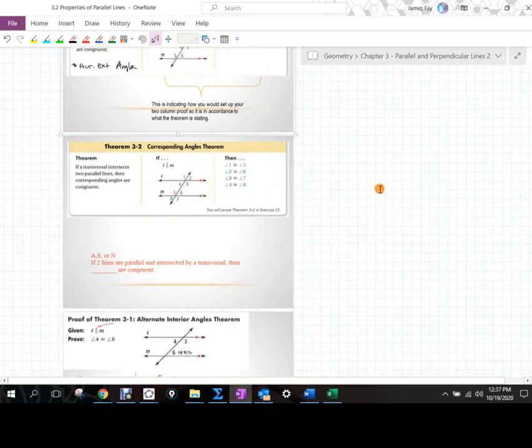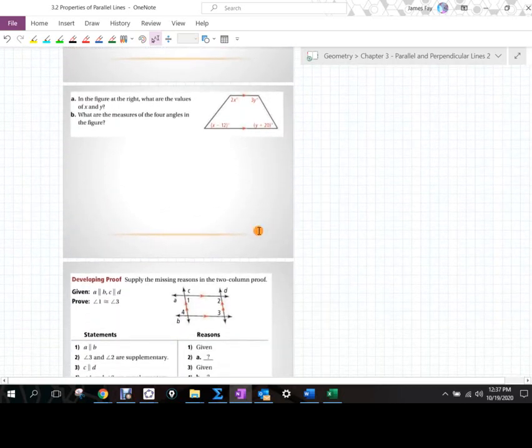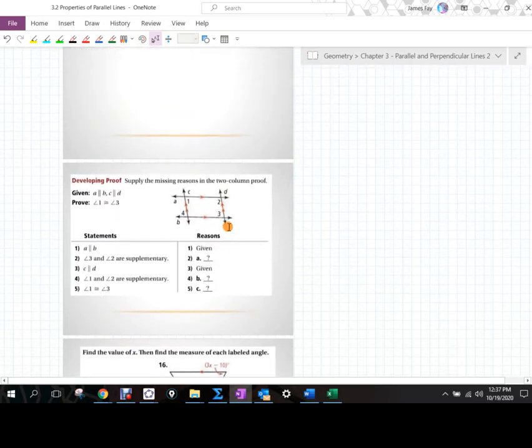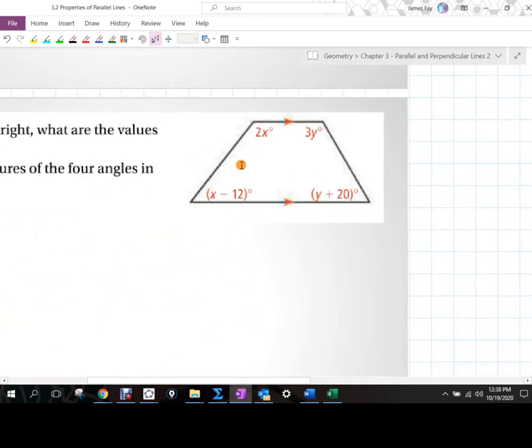Just real quick, you're going to see a question maybe in your homework that looks something like this. Okay. What am I telling you about the top and the bottom of these 2? They're parallel, okay? We prefer to see that picture that we've dealt with so far.